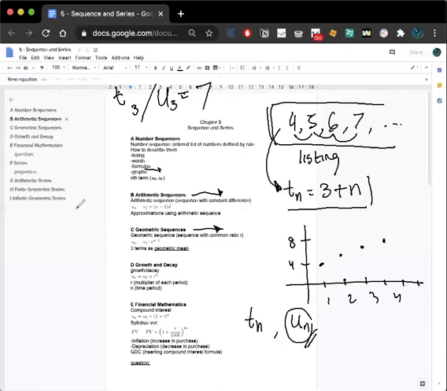And if we insert it into this formula, you can also find the same result. So for example, T3 equals 3 plus 3. You see, this and this should be the same, and in this case, it is 6.